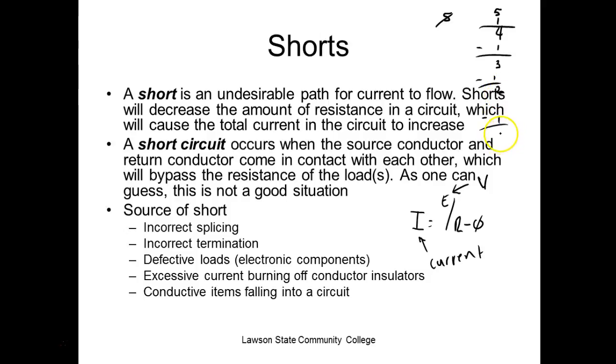2 minus 1 would be 1, 1 minus 1 would be 0, and 0 minus 1, we're through, because as soon as you get down to going negative, it would stop. Then I would count the number of times I subtracted, and I would count 5 times. So I would increment a loop every time I subtract.